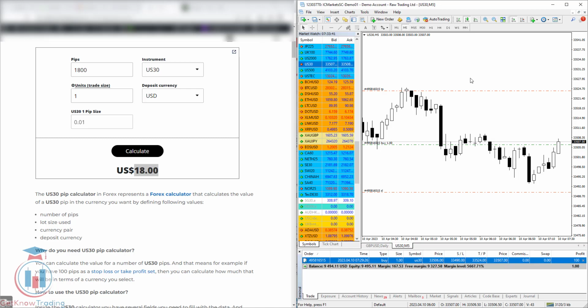US30 calculator. It's very important to know the number of units here that the broker defines for one standard lot. Now let's see, for example, if you have another broker that says the units for one standard lot is equal to 100.